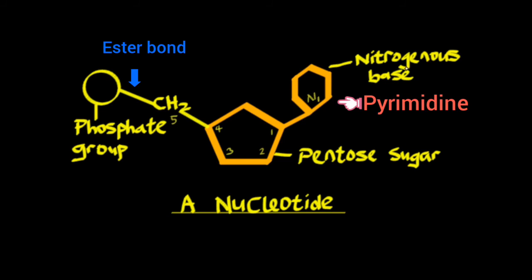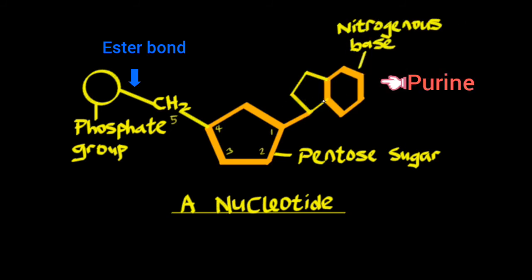But if this nitrogenous base is a purine, that's a purine right there, this purine is going to bind with the pentose sugar using the N9 nitrogen atom.